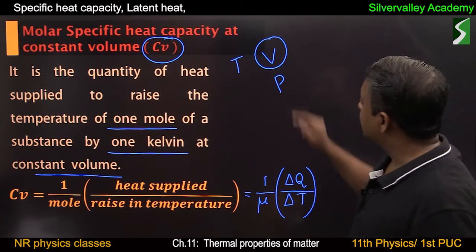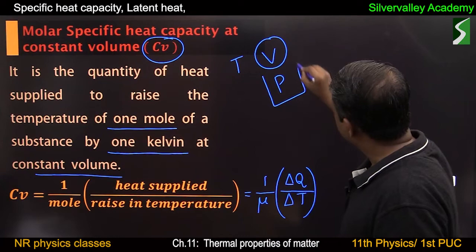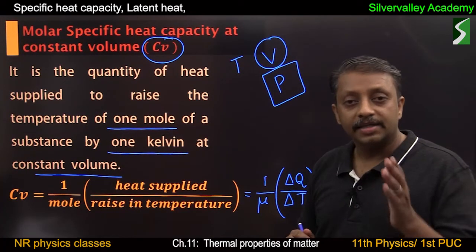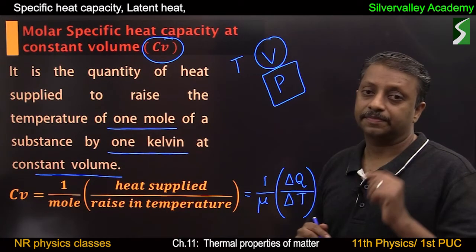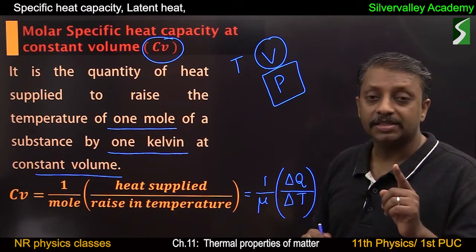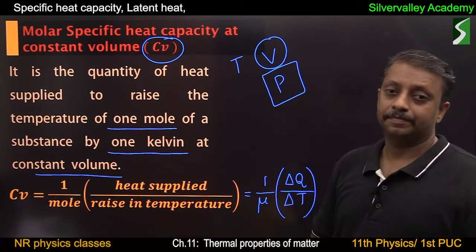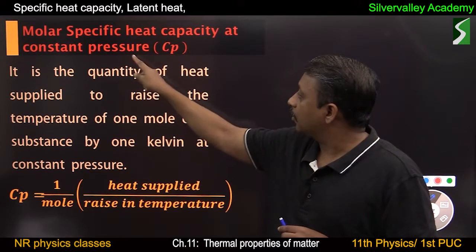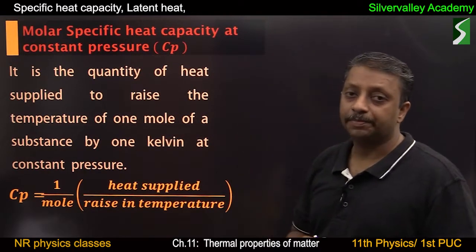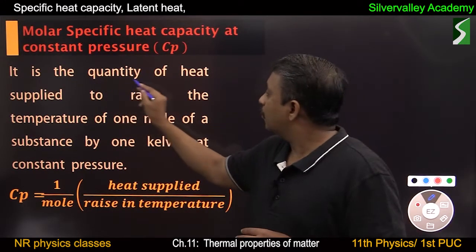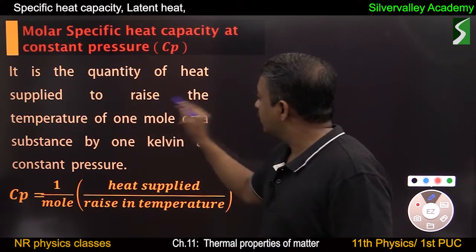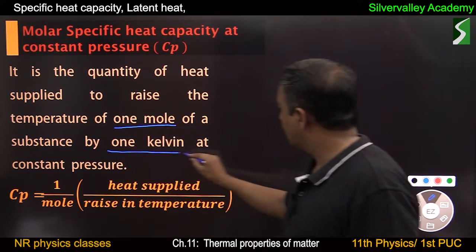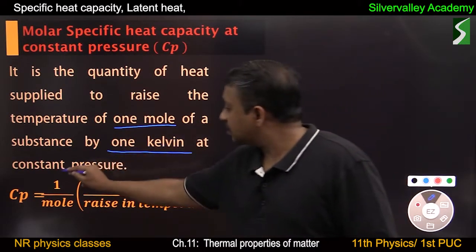Next, let us keep pressure constant and see how volume changes with respect to temperature. That is going to be molar specific heat capacity at constant pressure, denoted by Cp. It is the quantity of heat supplied to raise the temperature of 1 mole of a substance by 1 Kelvin at constant pressure.